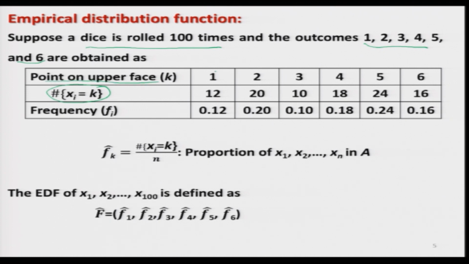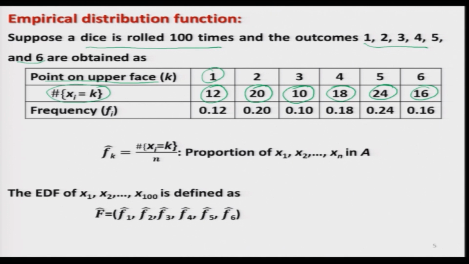So, for k equal to 1, the number of times 1 is obtained is 12. So, 12 times number 1 is obtained, 20 times number 2, 10 times number 3, 18 times number 4, 24 times number 5, and 16 times number 6. So, what is the frequency?